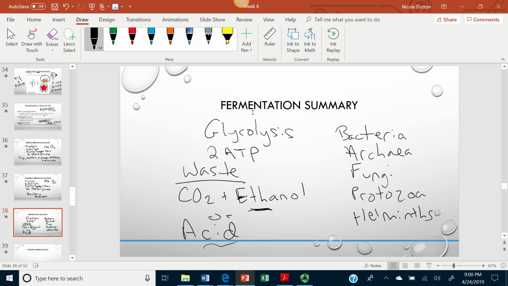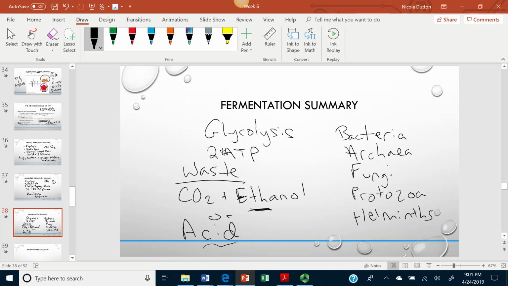We go through fermentation when we do strenuous exercise and our oxygen requirement for our muscles supersedes what's actually coming in. Then we're going to switch to a state of emergency, and we go through the process of fermentation where we do glycolysis only to produce 2 ATP, and eventually we need to get oxygen into our tissues or we're going to die.